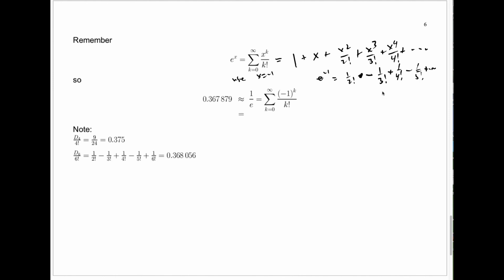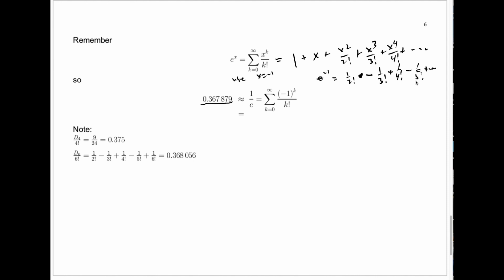We use an infinite number of terms. This number, e to the minus 1, which is 1 over e, is the value of this infinite series. I used my computer and computed that: it's approximately 0.367879, a six decimal place approximation of 1 over e, which has this infinite series as its series representation.